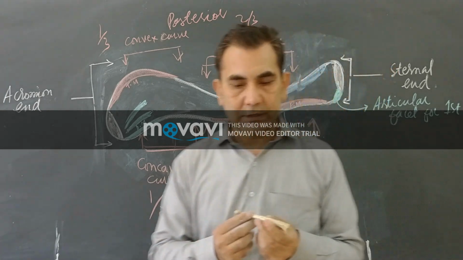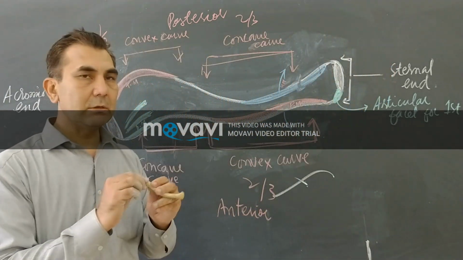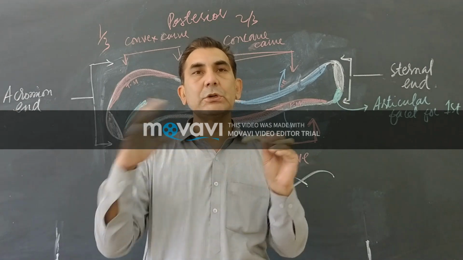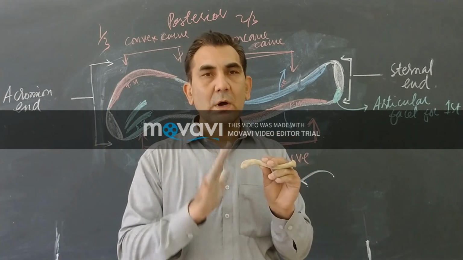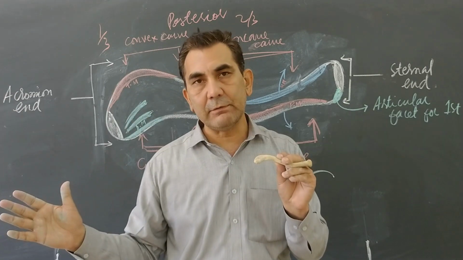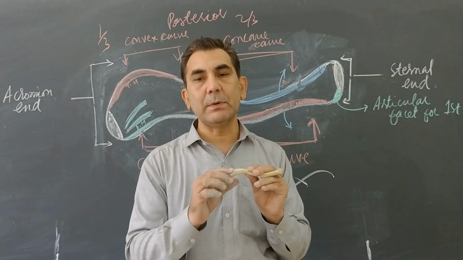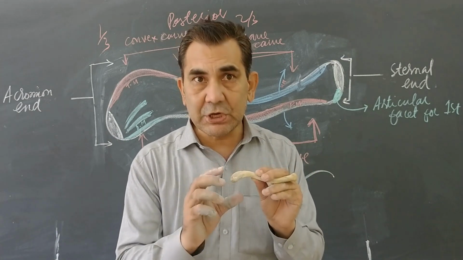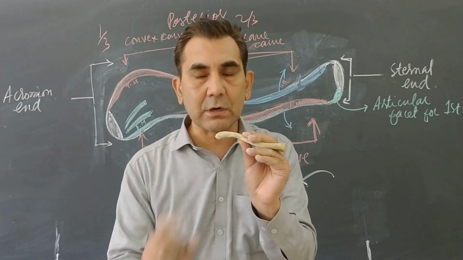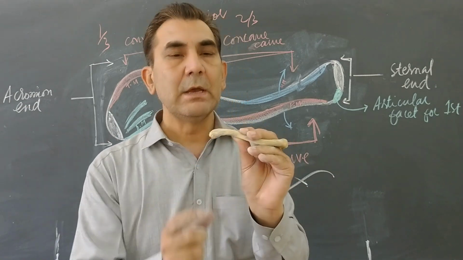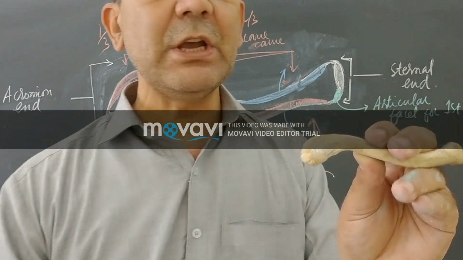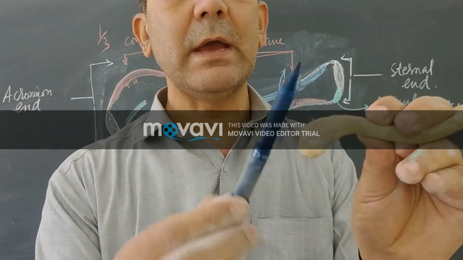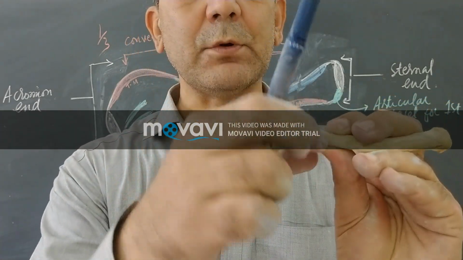So if you take the one-third portion of the lateral side of the clavicle, it is flattened in shape and curved. This flattened portion is called the acromion end. This is the acromion portion.